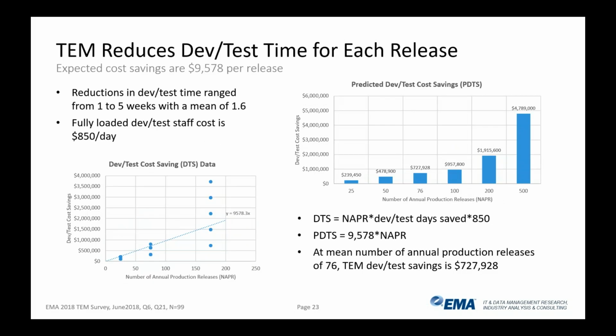Okay, so the third cost savings model here was built around the reduction in time that it takes to deliver applications into production. Reductions in dev and test time ranged from 1 to 5 weeks, which is pretty significant, and the mean was 1.6 weeks.